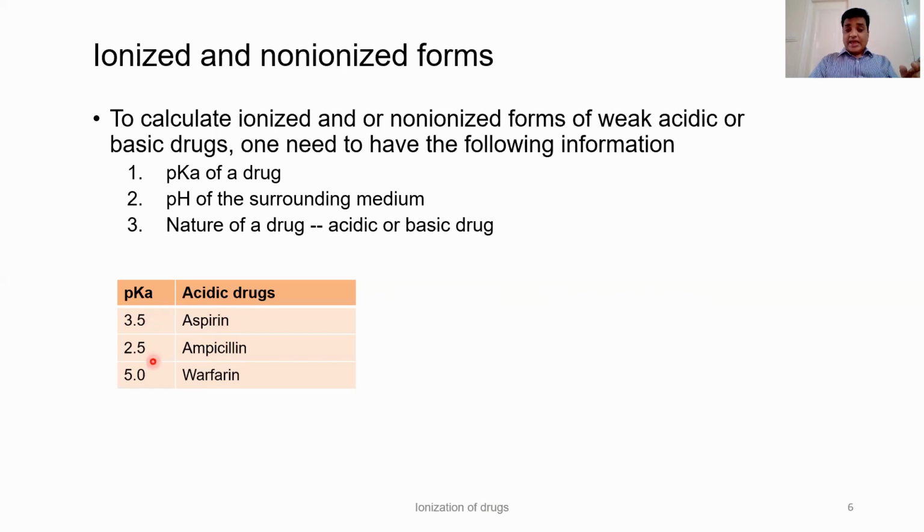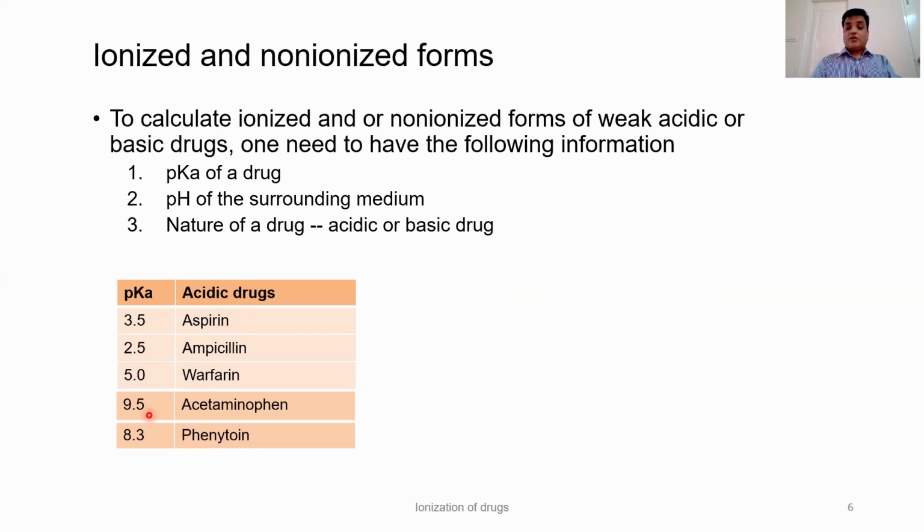The pKa in most of these cases is less than 7, but it is not always true. Certain acidic drugs like acetaminophen have a pKa more than 7, which means that you need to know whether the drug is acidic or basic.